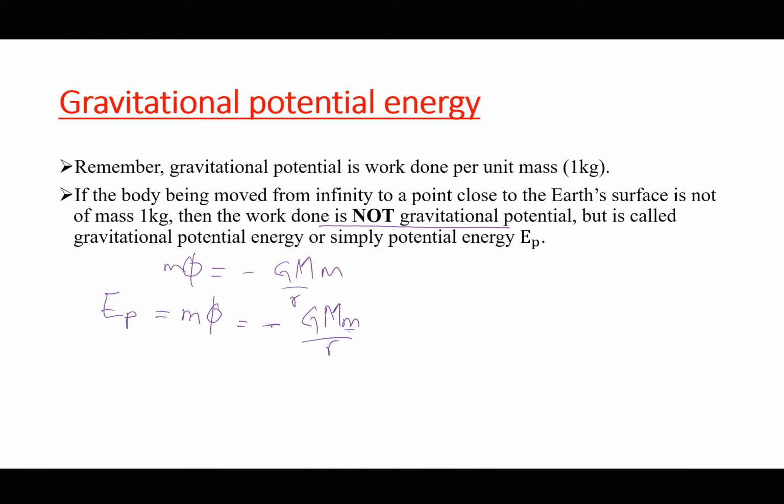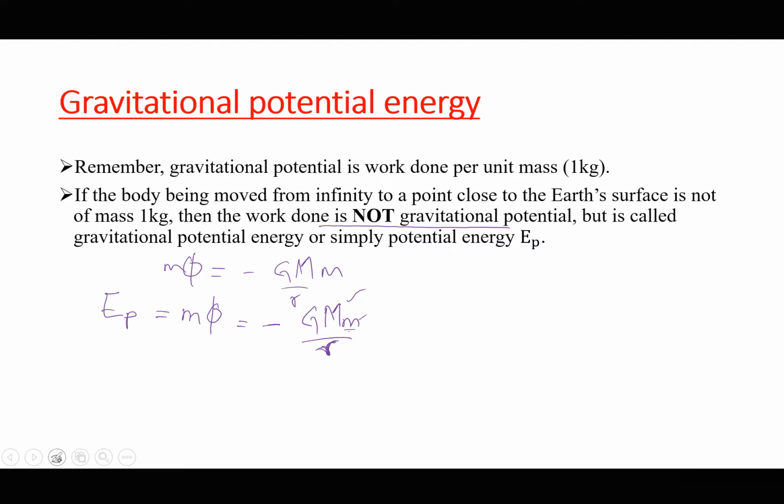So if we are considering the Earth's surface, this will be the mass of the Earth, this will be the test mass, and r will be the radius of the Earth, that is, if the mass is moved from infinity to a point on the Earth's surface. So this will be the radius of the Earth. We can even establish the potential on the Earth's surface, but that's not my major concern for now.